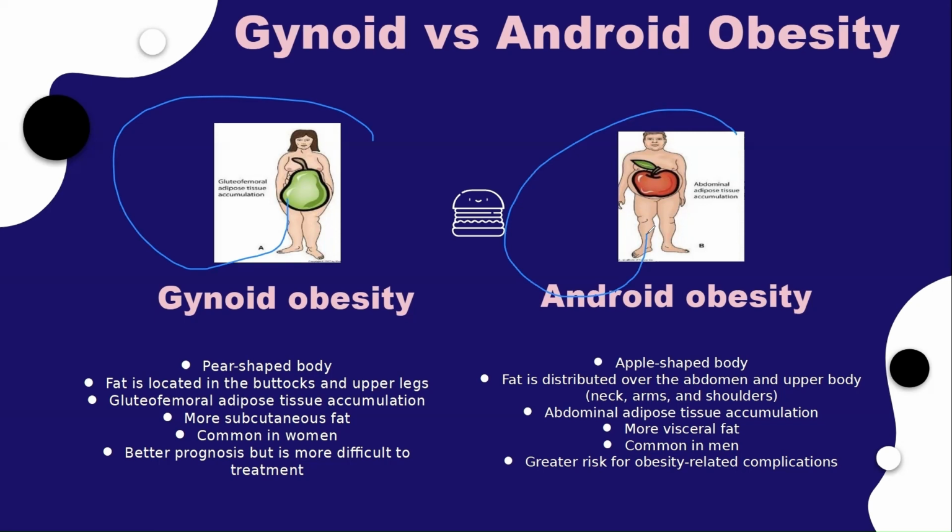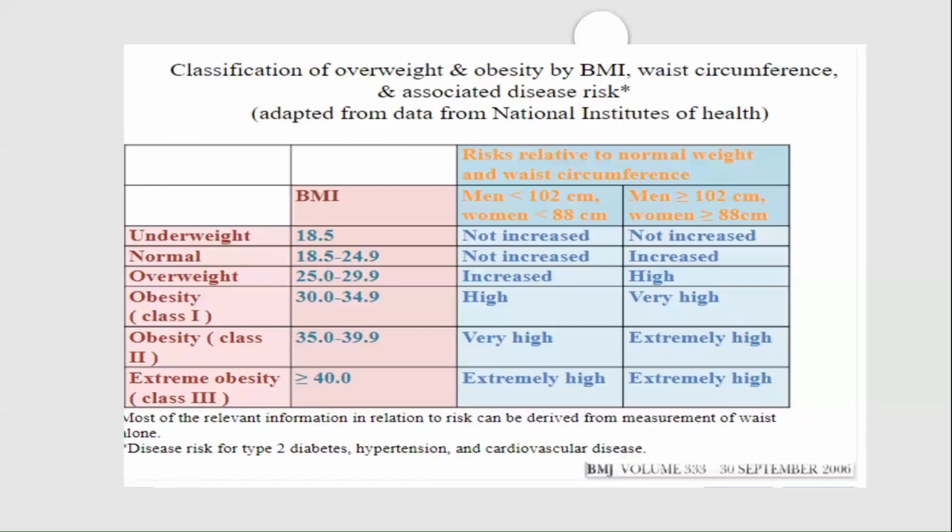So android obesity is more common in men and is associated with a greater risk for obesity-related complications, such as type 2 diabetes, cardiovascular disease, and metabolic syndrome. This is due to the pressure on the internal organs from carrying that much body fat.